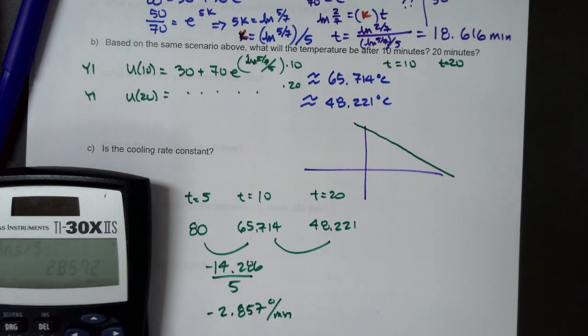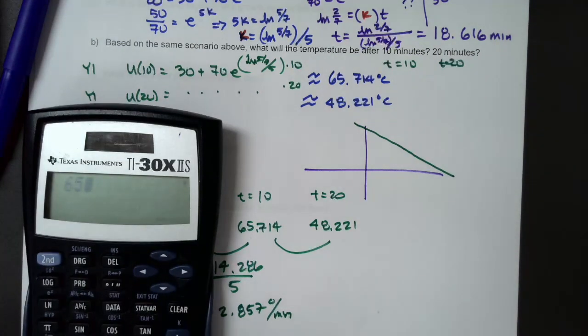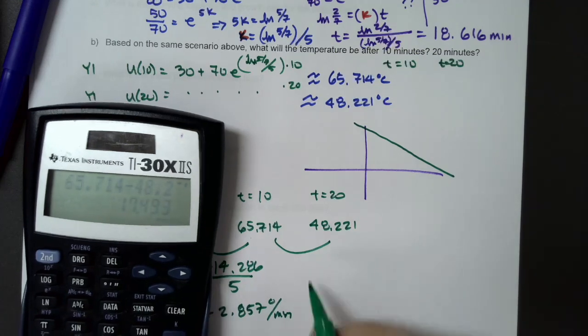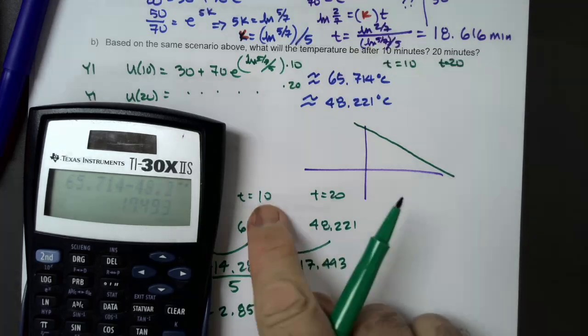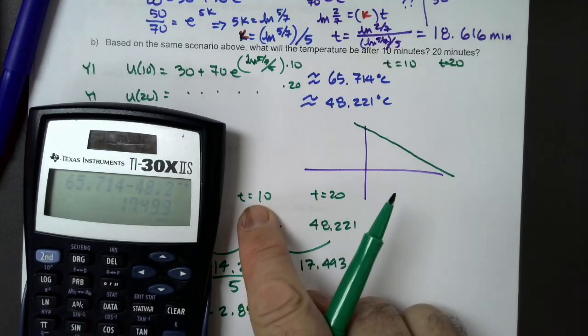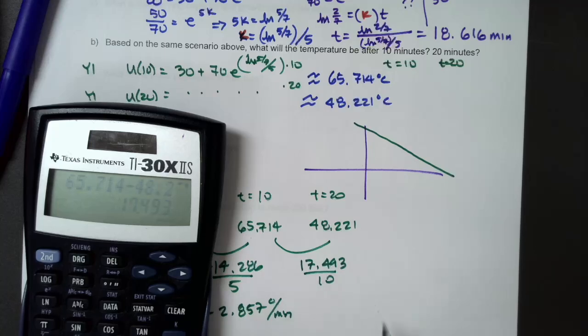Let's compare this, because if it's constant, then both of these should be the same rate. So we'll take the 65.714, subtract the 48.221. That gives us a drop of 17.493, and this is not over 5 minutes, but from 10 to 20, that's 10 minutes, which I think we can all do without a calculator here. Dividing this would drop us at 1.7493 degrees per minute.